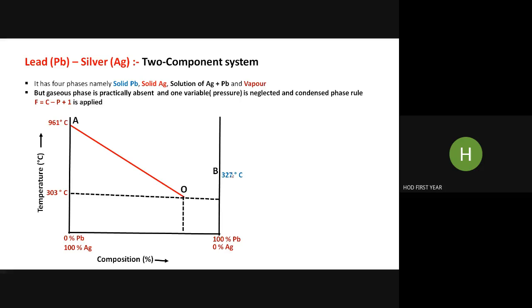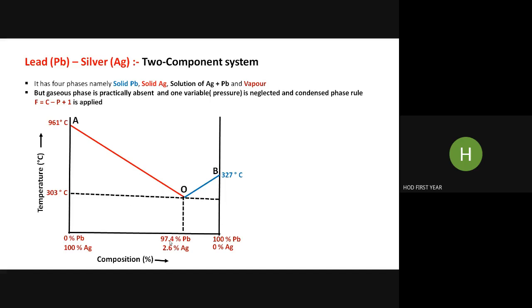The pure lead I have. Now when I start adding silver into lead, there is a decrease in melting point of lead. Initially it was 327. When I start adding silver towards this right line, you see, what will happen? Melting point is decreasing up to the point O, and that temperature is 303 degrees Celsius.